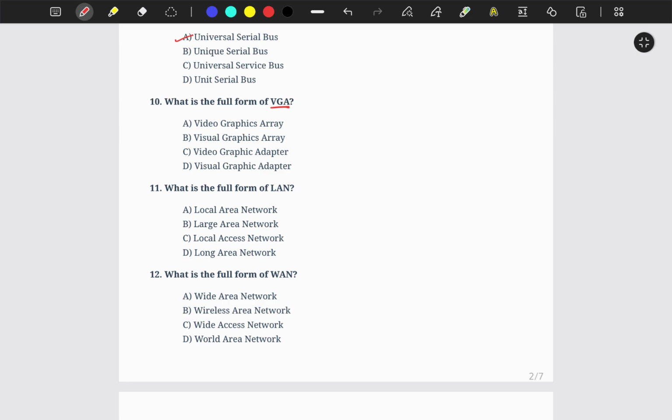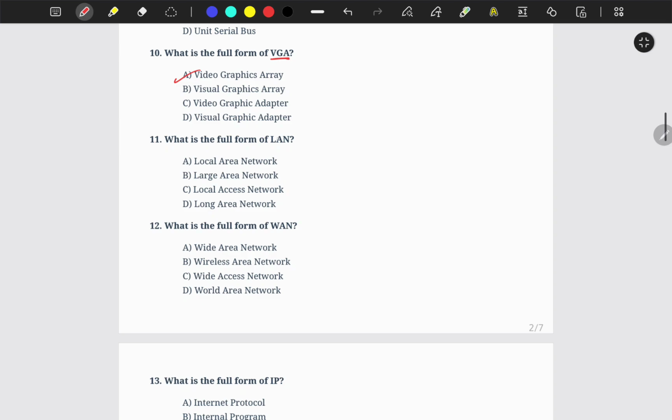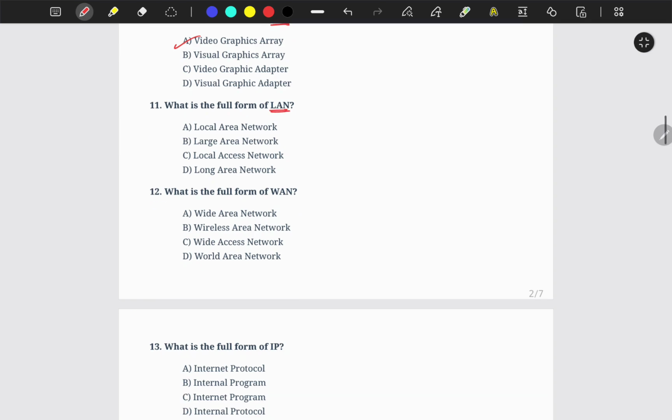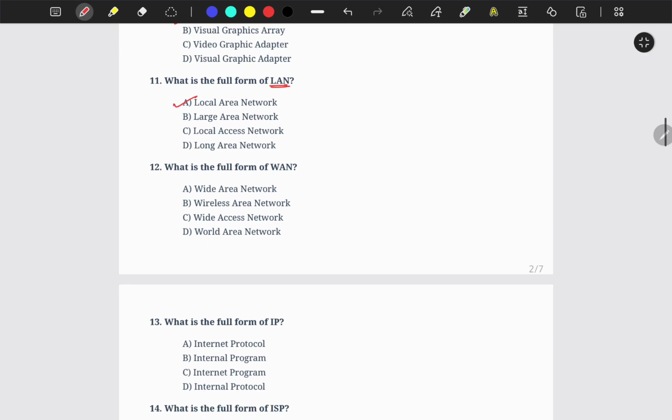The correct answer is Video Graphics Array, right? Next, what is the full form of LAN? Local Area Network, Large Area Network, Local Access Network, or Long Area Network. The correct answer is Local Area Network.